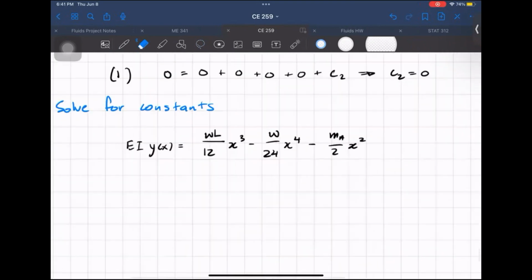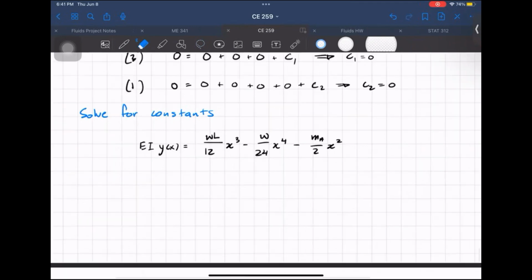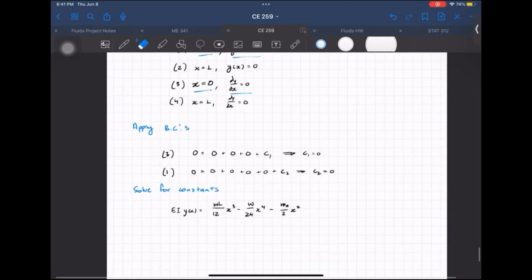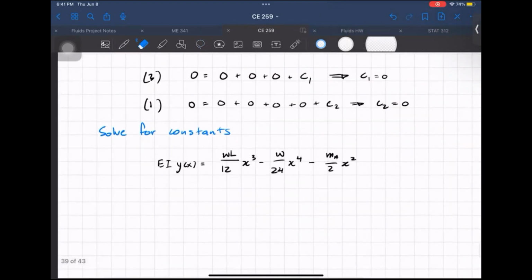Okay. So what else can we do here? Well, let me make another page. We still have one more boundary condition. Actually, no, hold on.